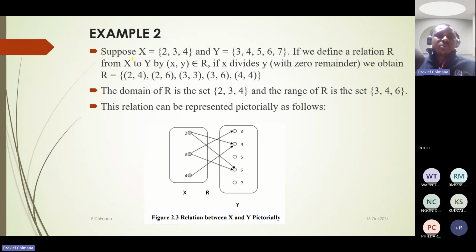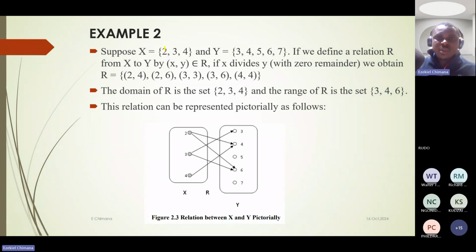So example 2: suppose X equals {2, 3, 4} and Y equals {3, 4, 5, 6}. We define a relation R from X to Y by (x, y) is an element of R if x divides y with remainder 0. Before that, when we were doing the cross product, there wasn't a rule.